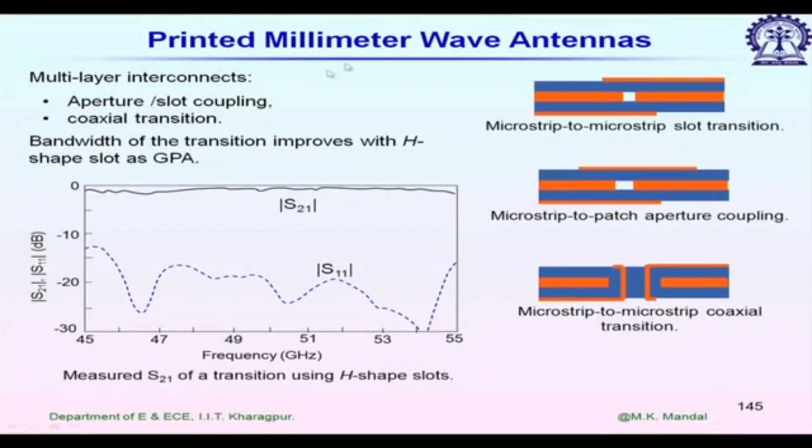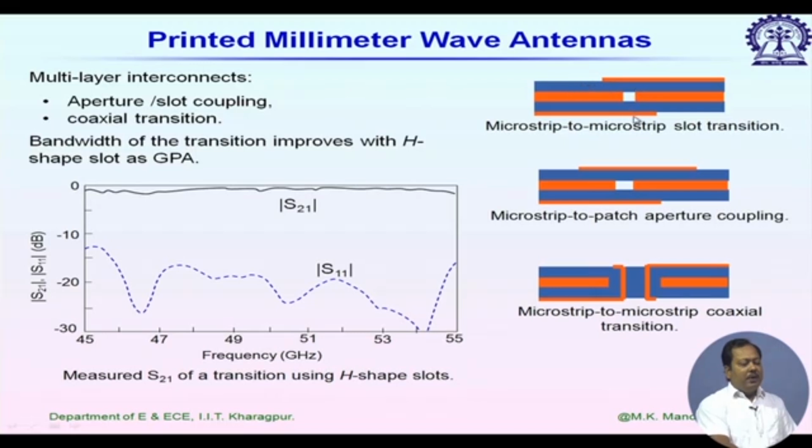Let me show you some examples of how to couple power from the feed network to the antenna. We are showing the cross sectional view. We have two substrates. The bottom blue one is dielectric slab 1, and the top one is dielectric slab 2.